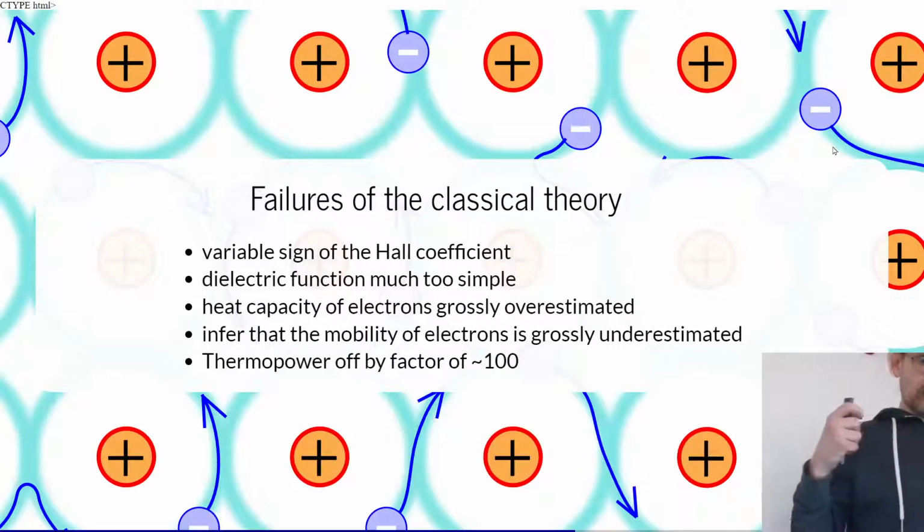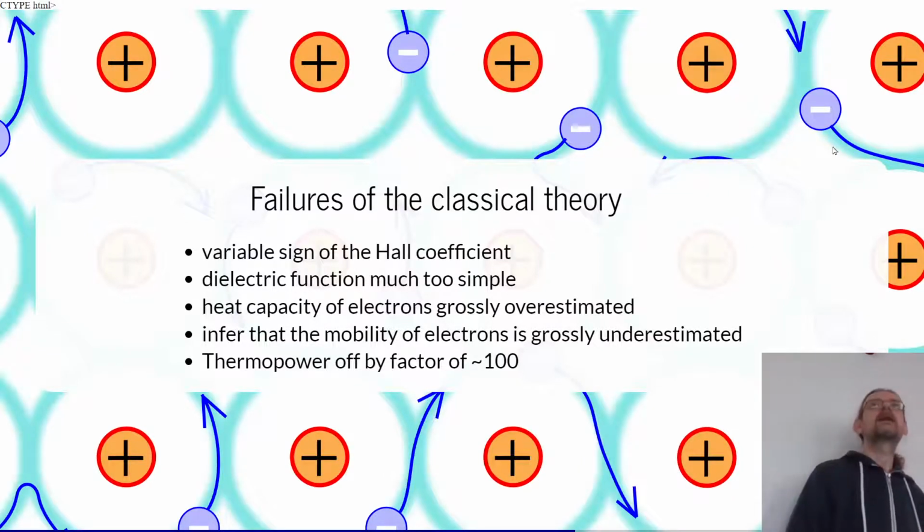So why have I whittled on at you about all this stuff? It's important to get the impression that you could do quite a lot with classical theory. You could come up with some model for a metal that would even explain why it would absorb light.